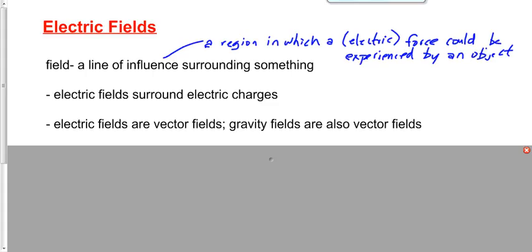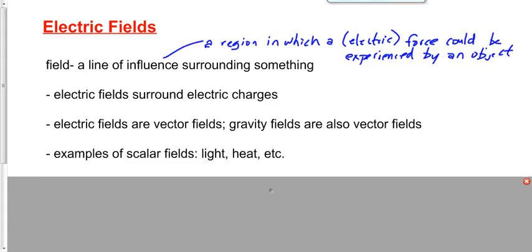Gravitational field always causes a mass to accelerate toward the producer. So the Earth pulls an object down towards it. It doesn't just influence the object, it influences it downward. And the electric field's similar. It doesn't just influence another charge, it influences another charge in a very particular direction.